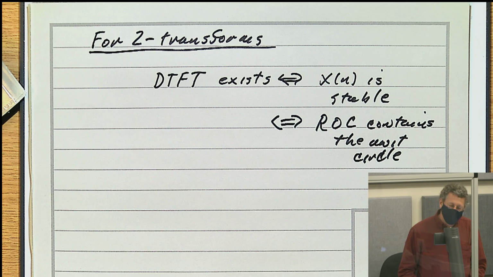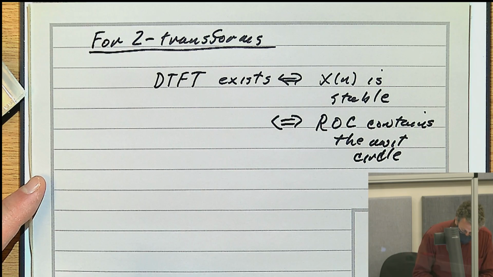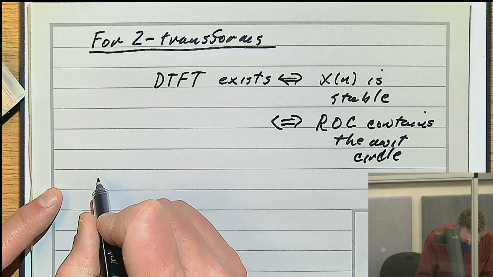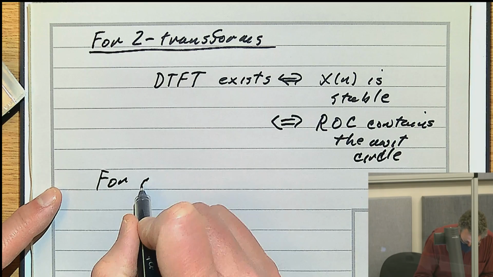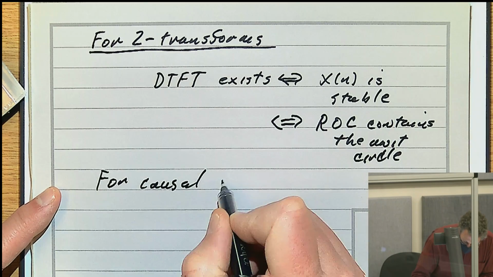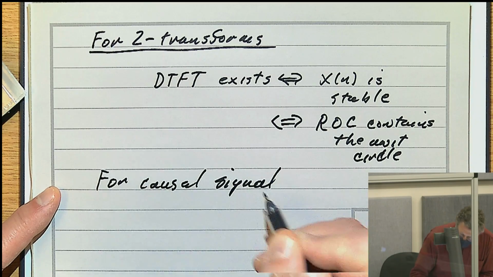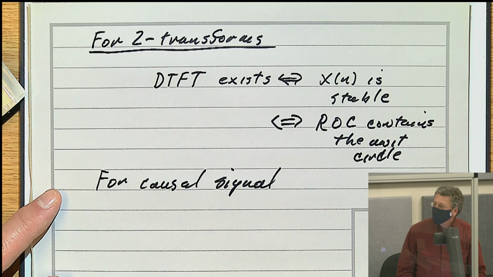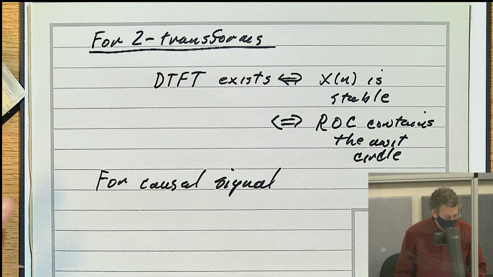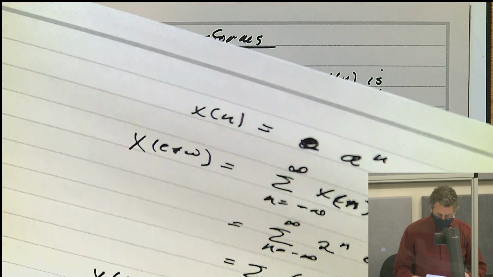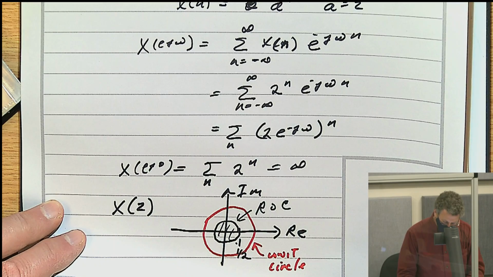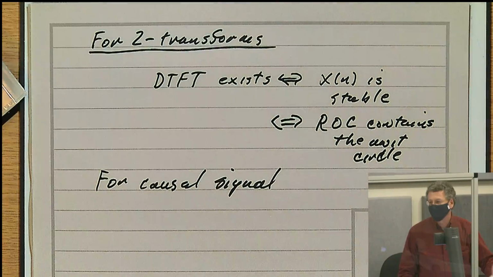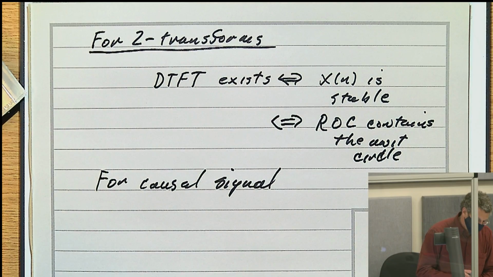No, it's inside. I've got this mixed up. Okay, so this is for causal signals. What did I do wrong? Did I flip something? For causal, the region of convergence is outside the poles. Yeah, it's outside, because it's e to the minus z. That's why.